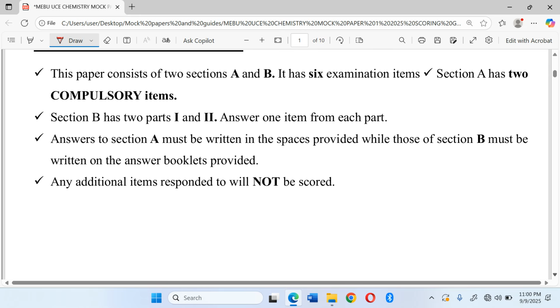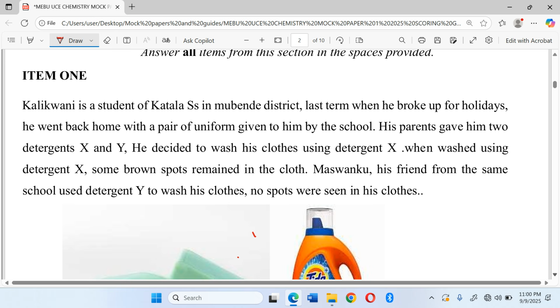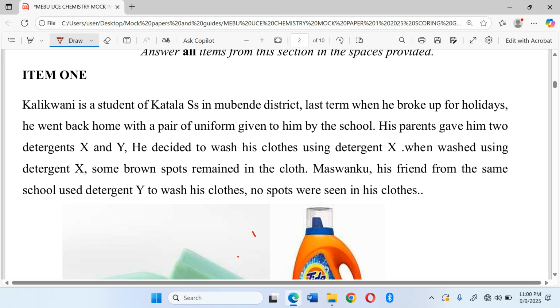I'll be going directly to Section A, Item 1. As we go through each and every item in Section A and each and every item in Section B, we shall be looking at other areas where these items can come from, like Item 1, and how we approach each item and maximize all the scores.